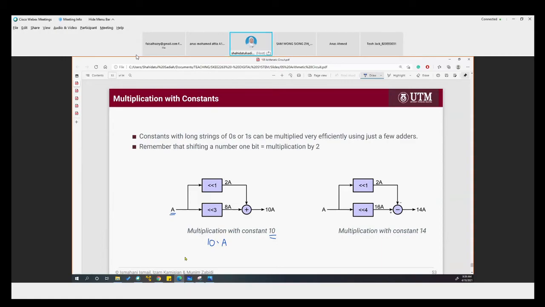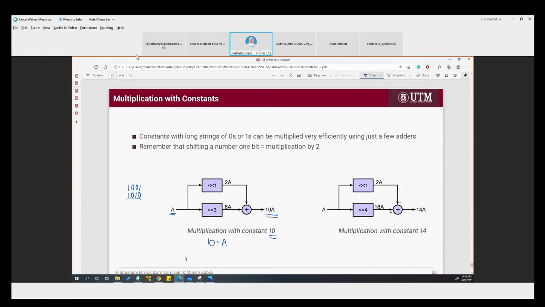And instead of, let's say A is 1001, instead of calculating this multiplication, we can just use shifter and adder. A few shifters and adders produce the multiplication product.